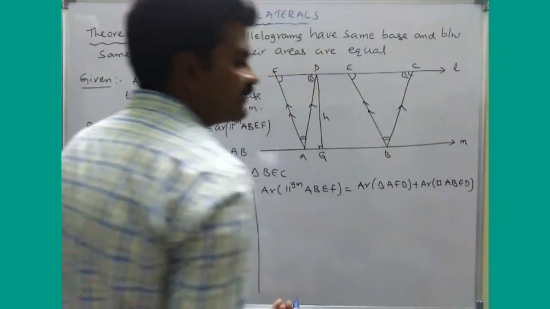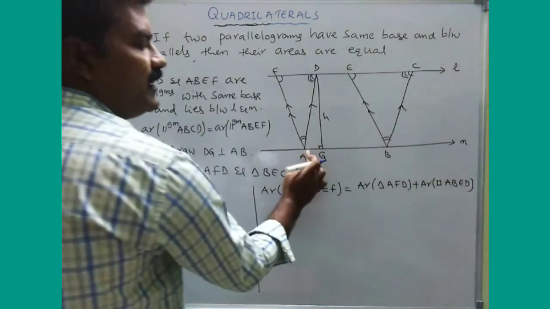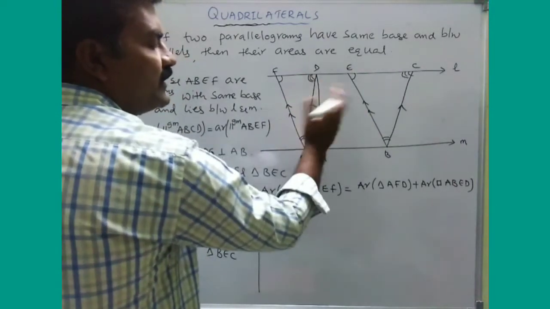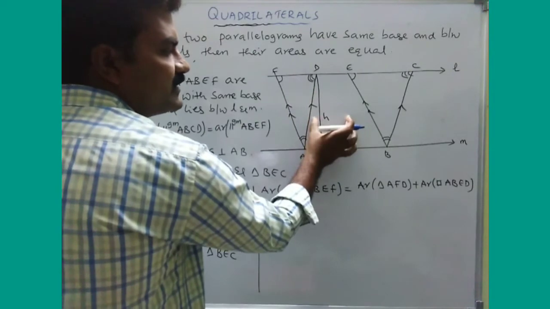Is it clear now? I want to divide parallelogram ABEF into two parts: one is the triangular part and the remaining part is some quadrilateral.